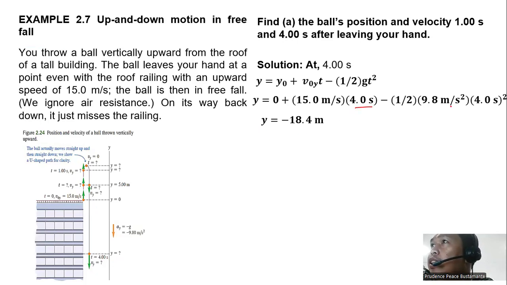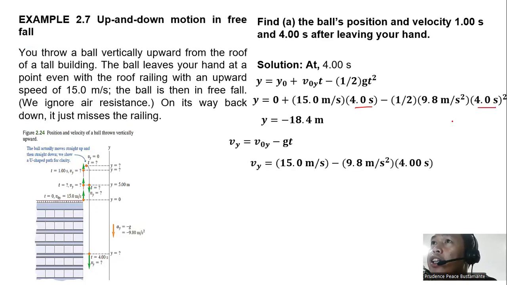You just replace the t with 4 seconds. And your velocity now, after replacing 4 seconds, is downward at negative 24 meters per second. So you are accelerating downward, and your velocity increases as you go down.